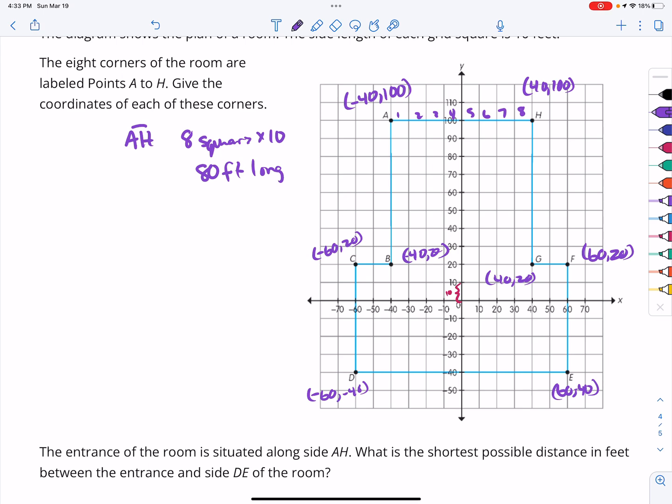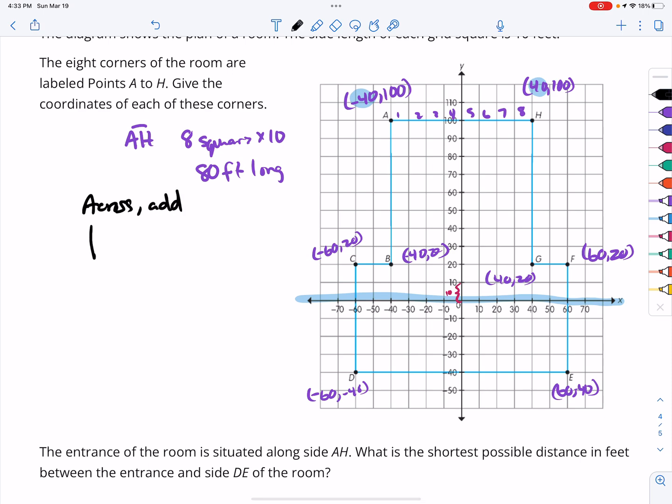Now if we wanted to use the absolute value, it's a horizontal line, so we're going to be using the x value because the x-axis is horizontal. And we are going across an axis, so we need to add.